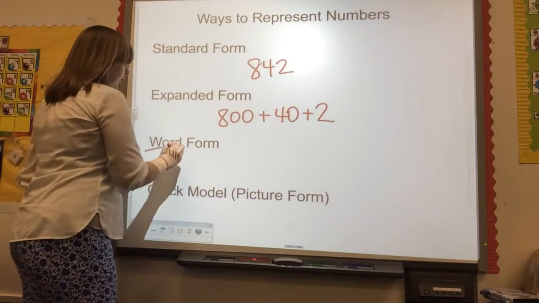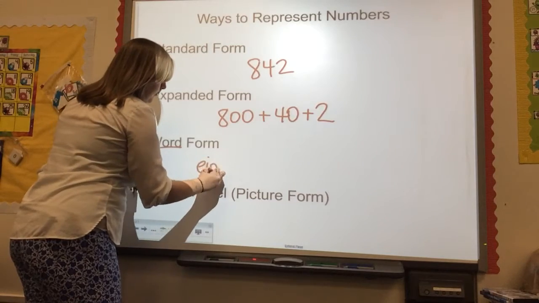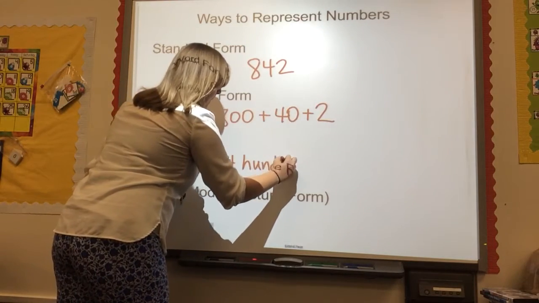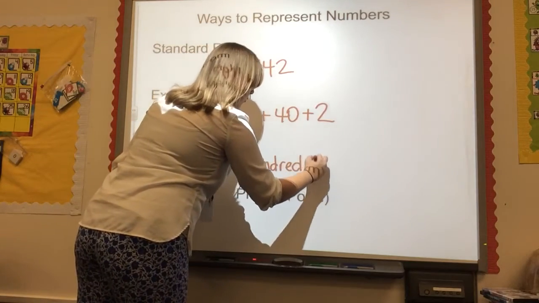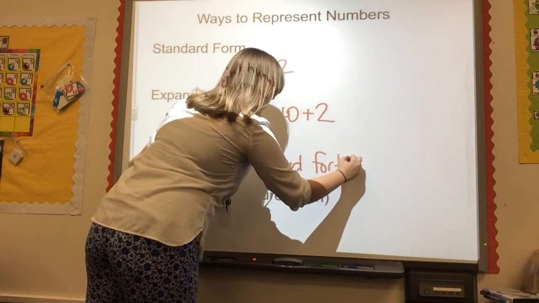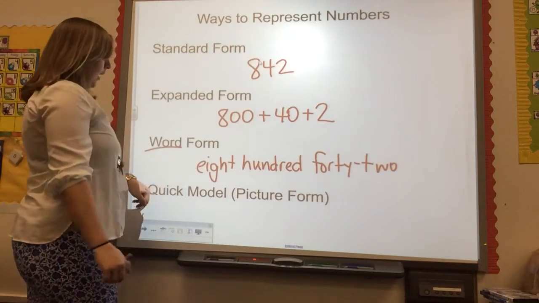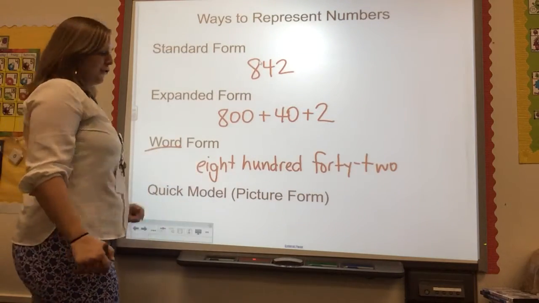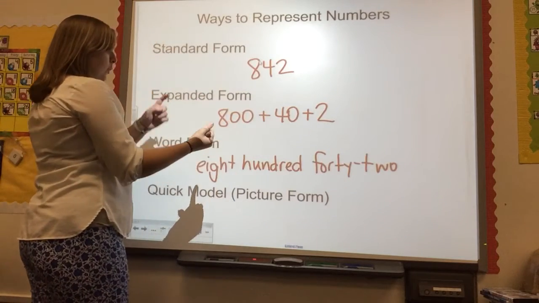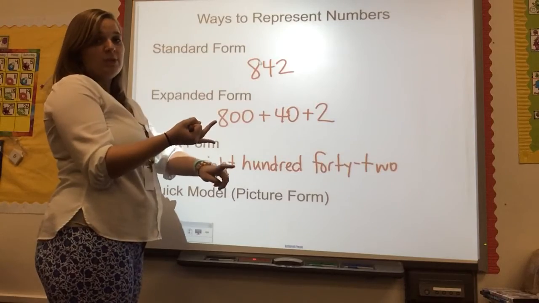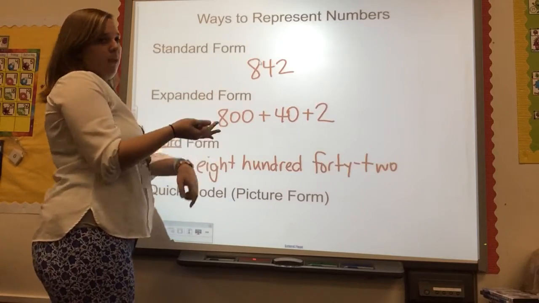Word form, write the word 842. Okay, and the last one was our quick model, which was our picture. Okay, so for this picture, we would do squares to represent hundreds, we draw lines to represent tens, and we do circles to represent ones.